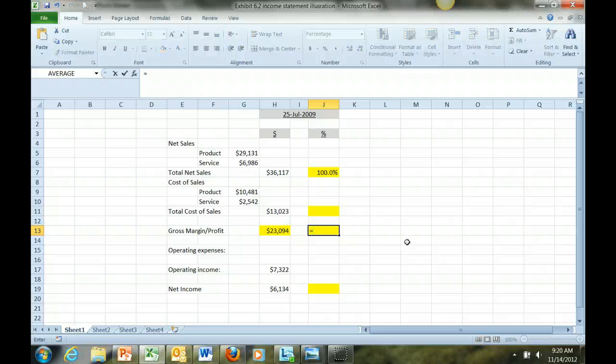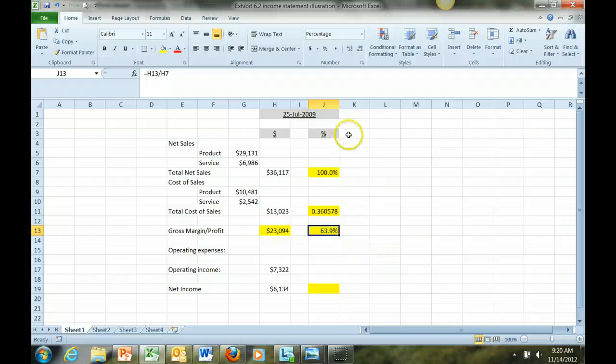Well, it's simply the gross margin dollars divided by top line sales, or 63.9%. We do the same for cost of sales. We take the cost of sales figure and divide that by top line sales, and we see a percentage of 36.1%. And so 100 less 36.1 is 63.9.